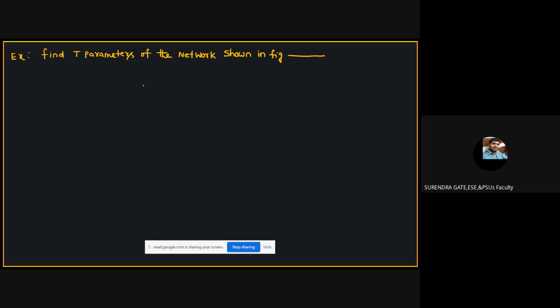Yeah, this is the given network. This is the Z, and this is a transformer, and this is Y.